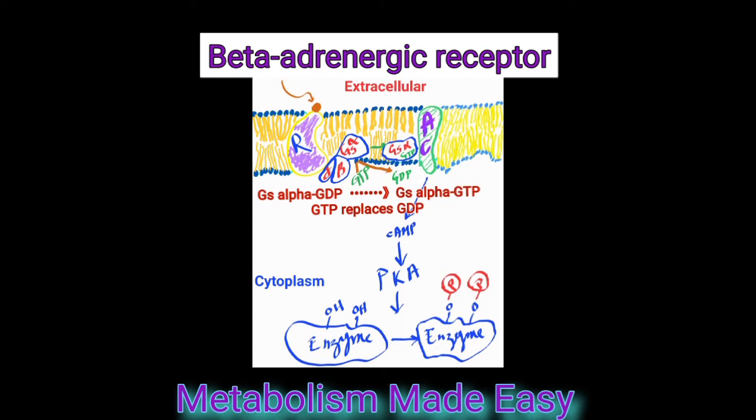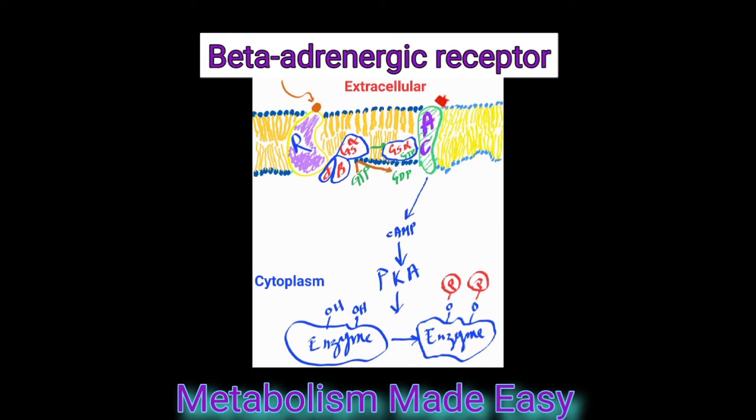Gs alpha with GTP bound to it is now able to associate with the membrane-associated target enzyme adenylate cyclase and can stimulate its activity to produce cyclic AMP.